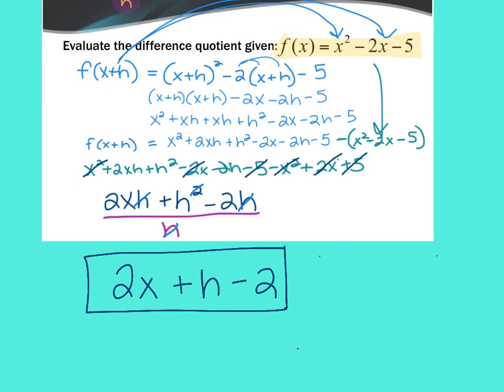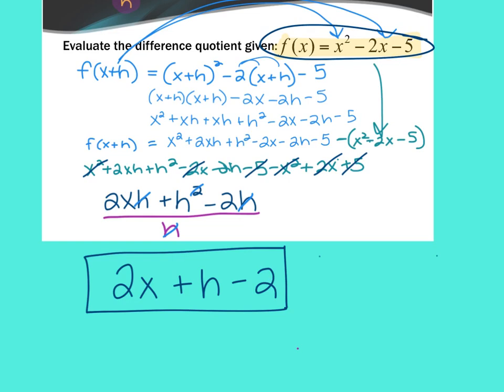It will be more or less complex depending on what the f of x is. One of the ones in the homework is 2x minus 3, so it's super easy because you're just plugging it in. One of them is x cubed, so it ups it a little bit. You just got to go step by step. My advice is figure out what f of x plus h is. Then take that, subtract whatever f of x is, change your signs, then put it over h.